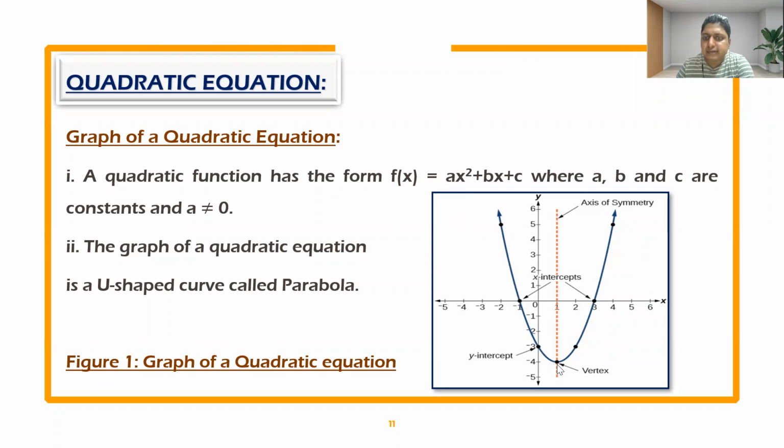The value of the vertex is x equal to minus b by 2a.